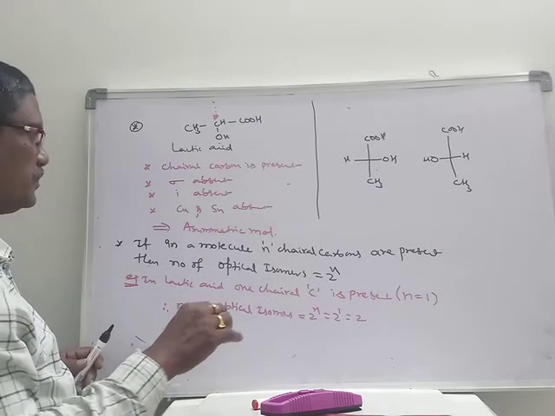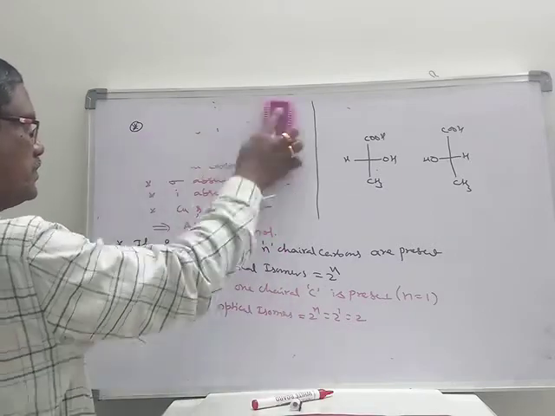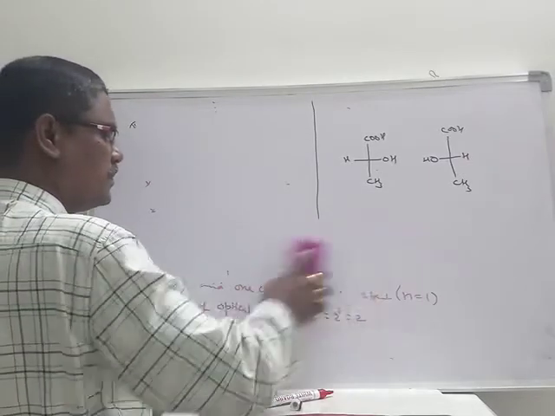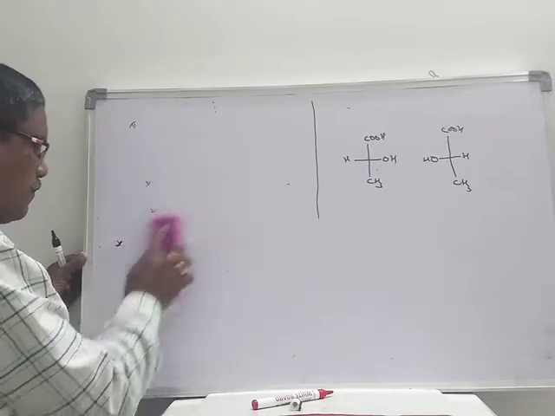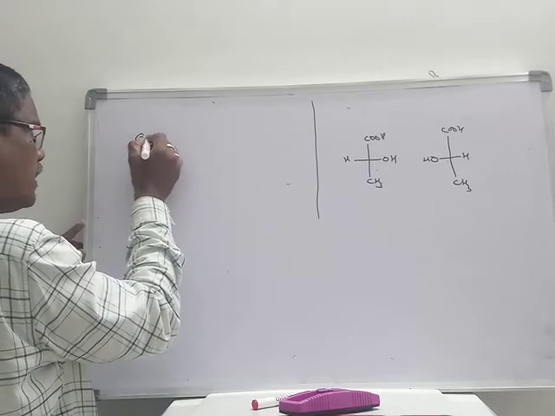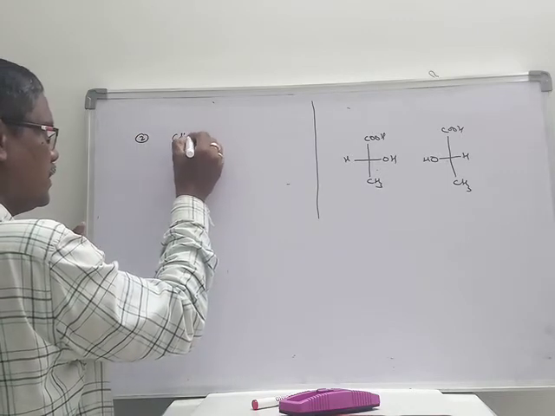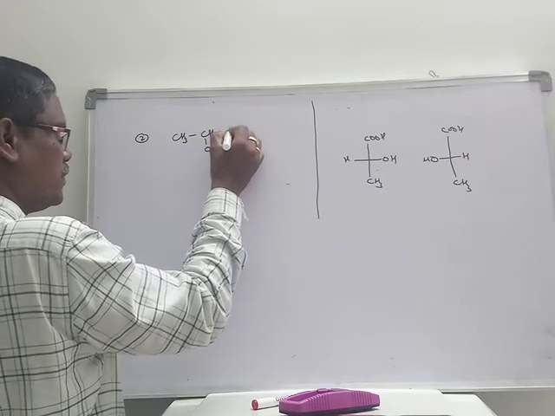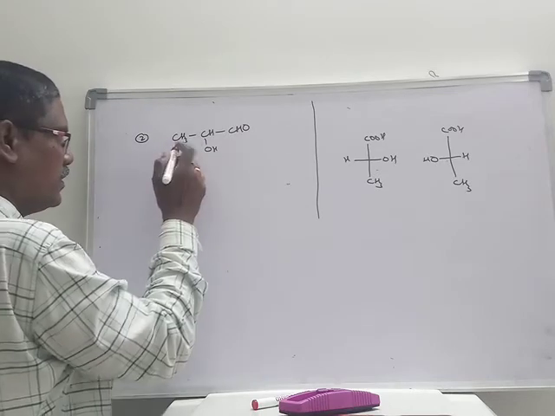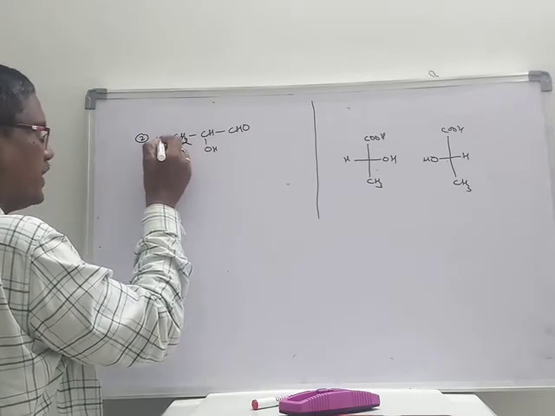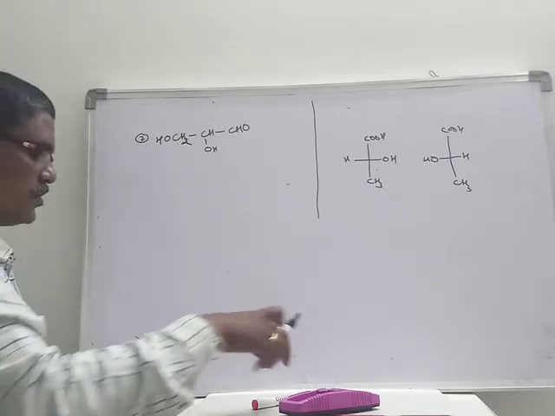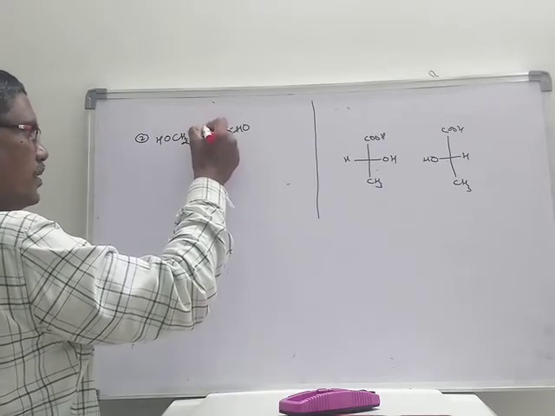One more example I am taking. Second example: CH2OH, CHOH, CHO, called glyceraldehyde. In glyceraldehyde, this is the chiral carbon.